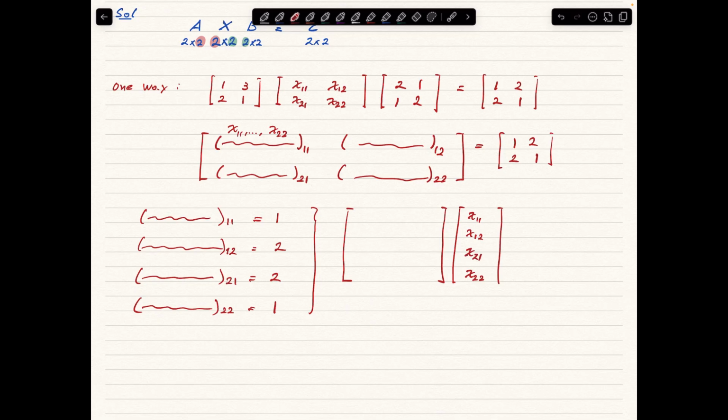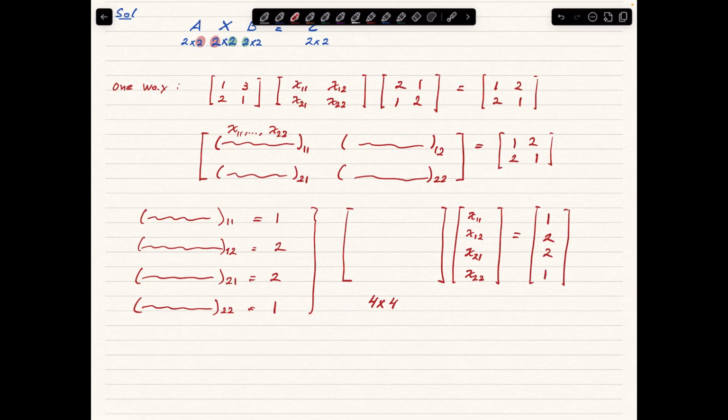Here we have a big matrix that is 4 times 4, and that has to be equal to 1, 2, 2, 1.